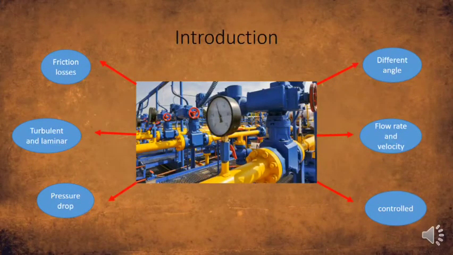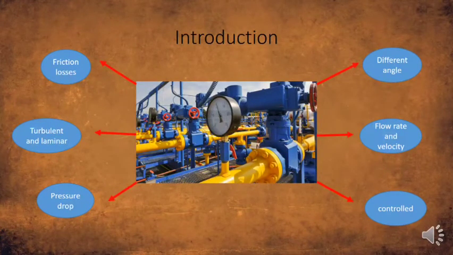Firstly, on this experiment, the subject is the pipe. So what we want to investigate is the friction loss in the pipe. What happened in the pipe if there are some changes?